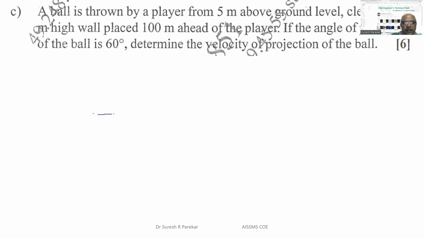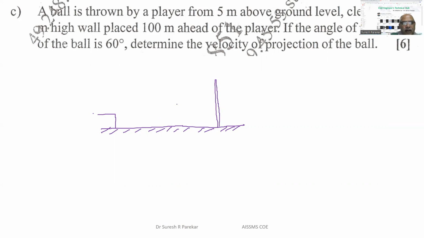Now it is given. So we have ground 5 meters below. So this is ground. And we have the wall over here, 25 meters. I always prefer to draw the diagram, and from this you will get everything clear.